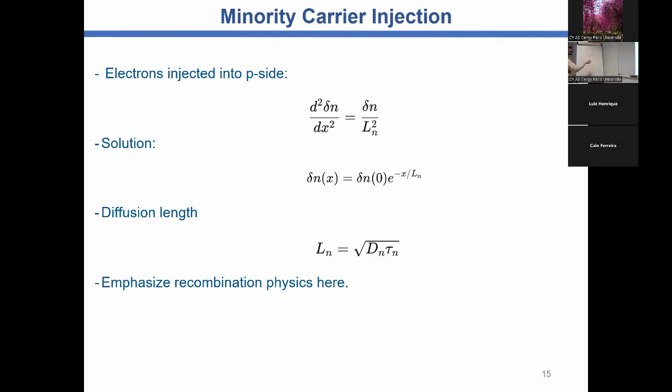So it means that in the PN junction, when we apply voltage, the carriers that are responsible for the current are the minor carriers, and are not the major carriers. This is the condition.